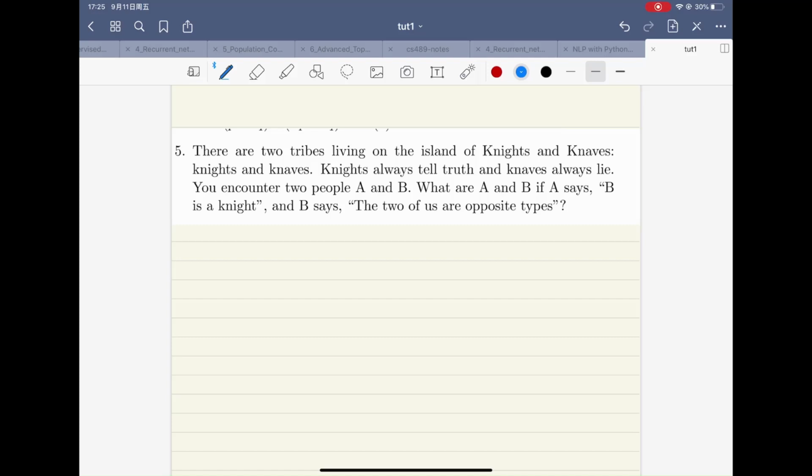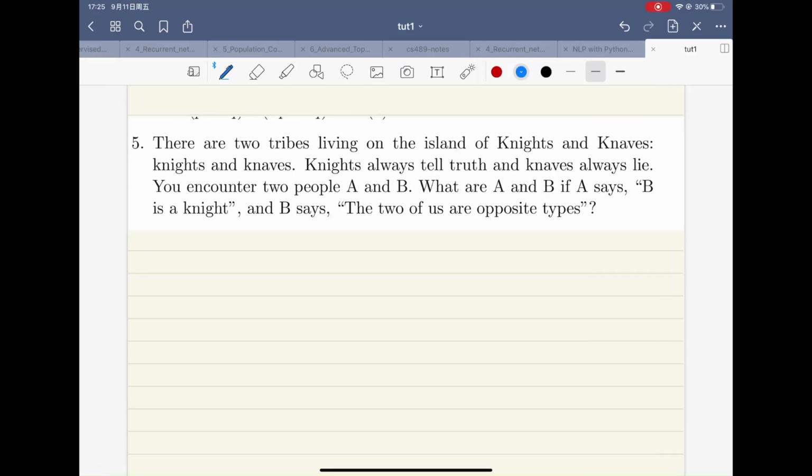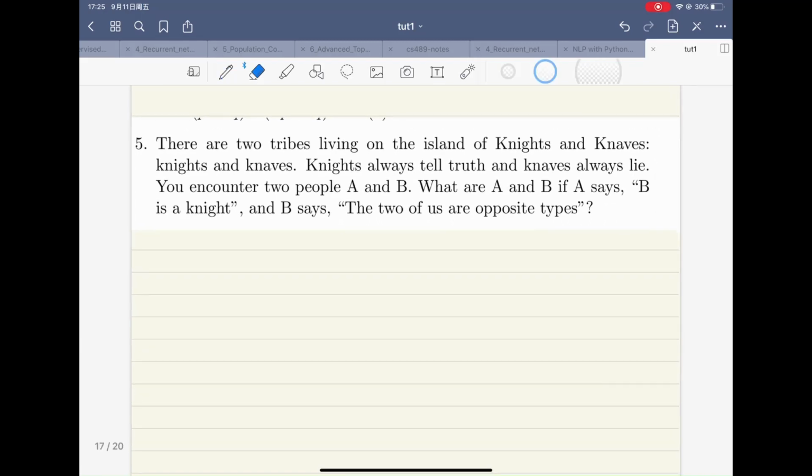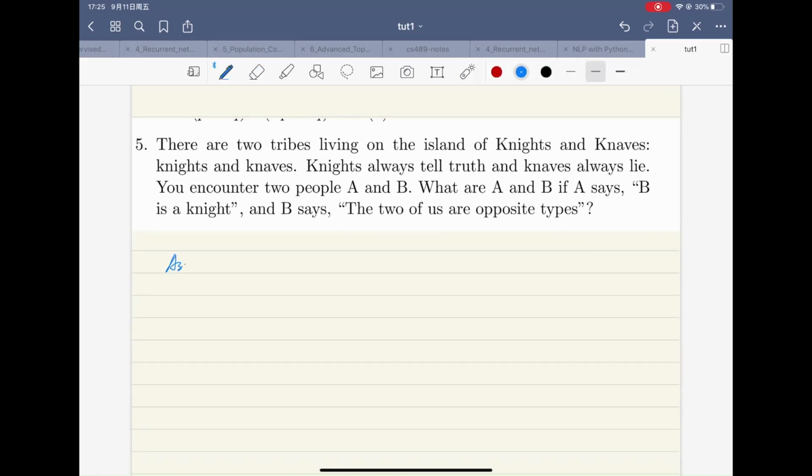When you try to solve a logic puzzle, you need to assume something first. So let's assume A is a knight. Because a knight always tells the truth, B must be a knight as well, right?